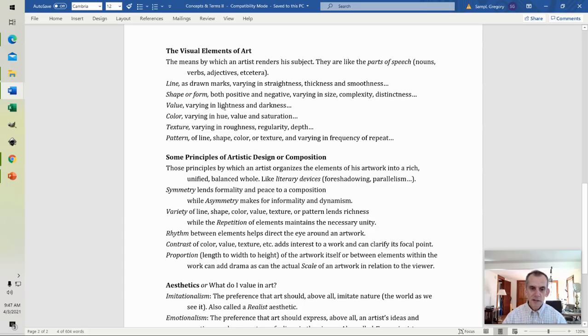Okay, so let me pause here. I'm going to give you, I think, 6 pictures, and you have to identify what's the sort of primary art element at work. What art element is really necessary to get across the image of that artwork?